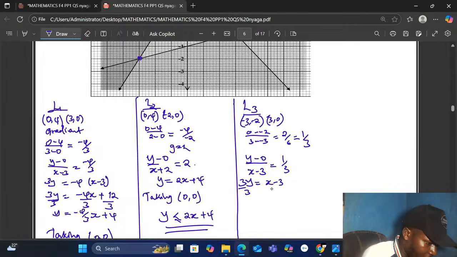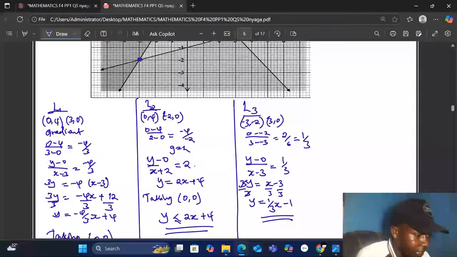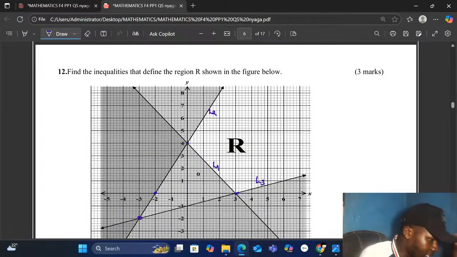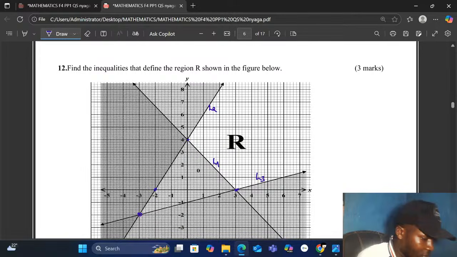Divide by 3, and our y is equal to a third x minus 1. That is how you get your 3 marks, by finding the inequalities that satisfy the given region. So that's simple.